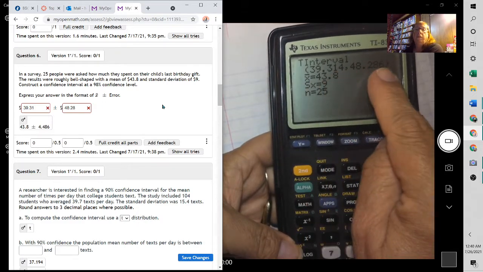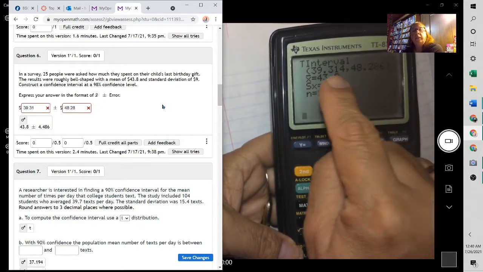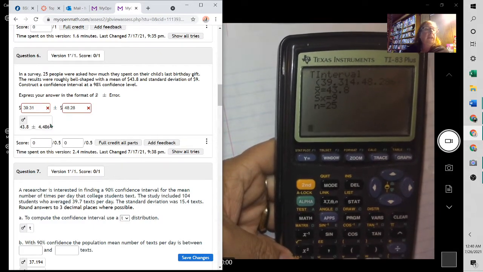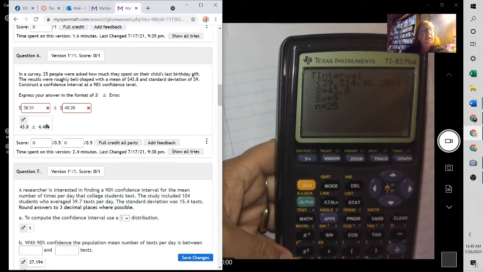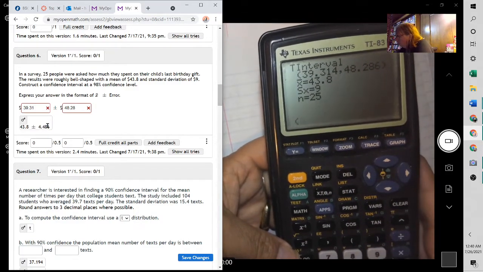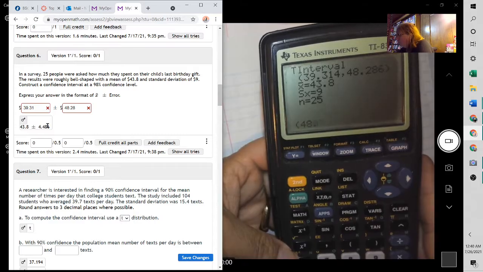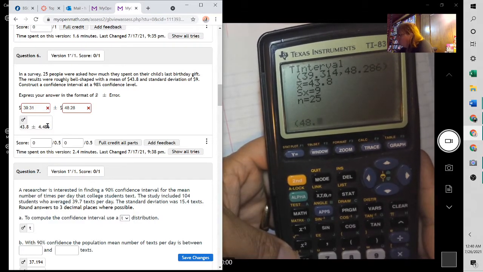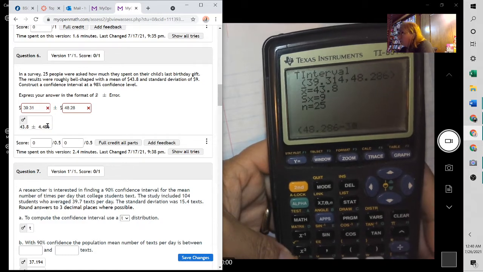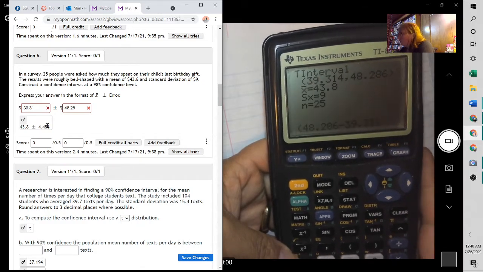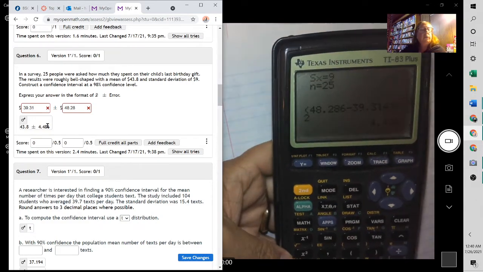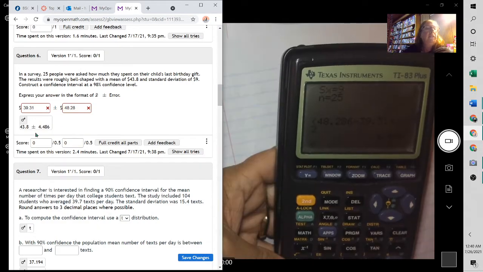And this would be your confidence interval. Well, instead of writing it as an interval, they want the mean plus or minus the value. So to find this error, again, we subtract these. 48.286 minus 39.314 divided by 2. 4.486, which is exactly what they have here.